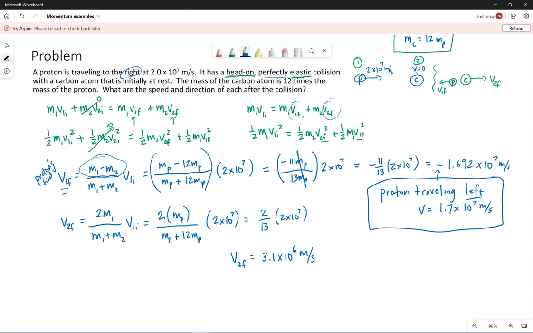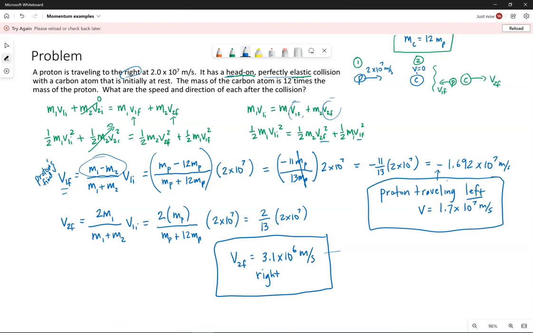The fact that we're getting a positive answer means the carbon atom is headed to the right. It's headed in the direction the proton was traveling originally, which hopefully makes sense. If you get hit from behind, you end up moving forward. So that's what this is essentially showing us. It's not traveling nearly as fast as the proton was, though, because it is so much more massive.